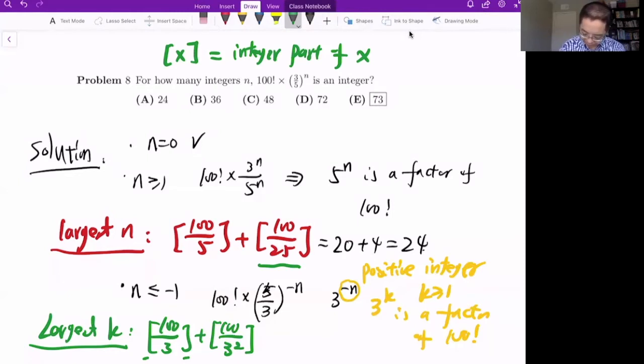And because it's 3, we can go to 3 cubed, and then we can go to 3 to the 4, which is 81.